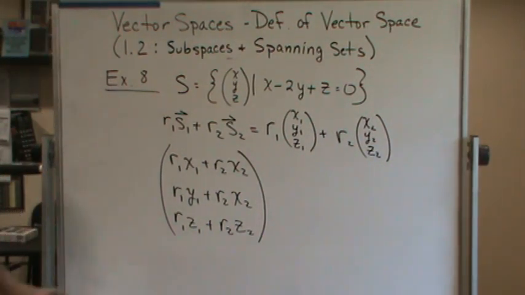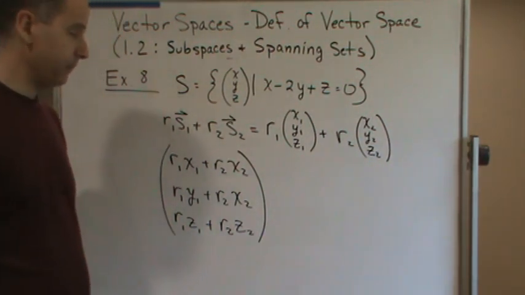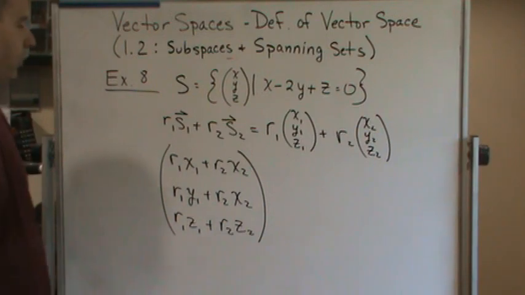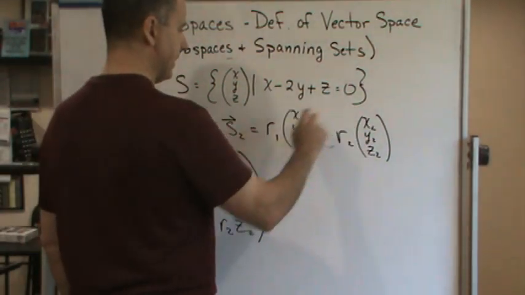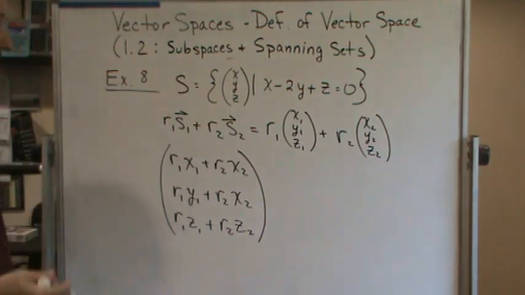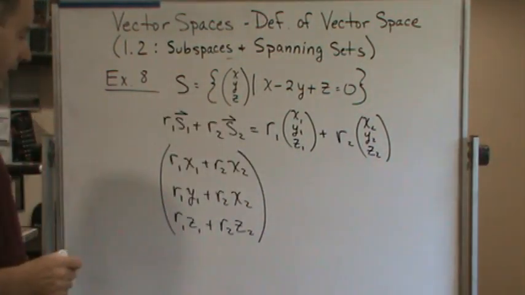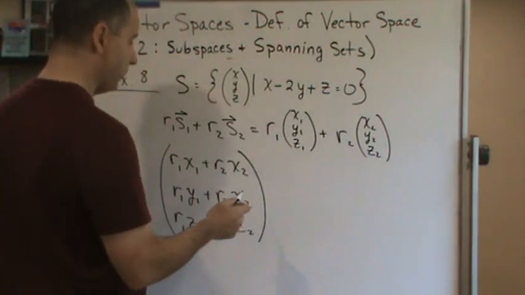So now here's our vector. Now how do we show that this satisfies the defining equation? Because if it does, then we know it's in S.